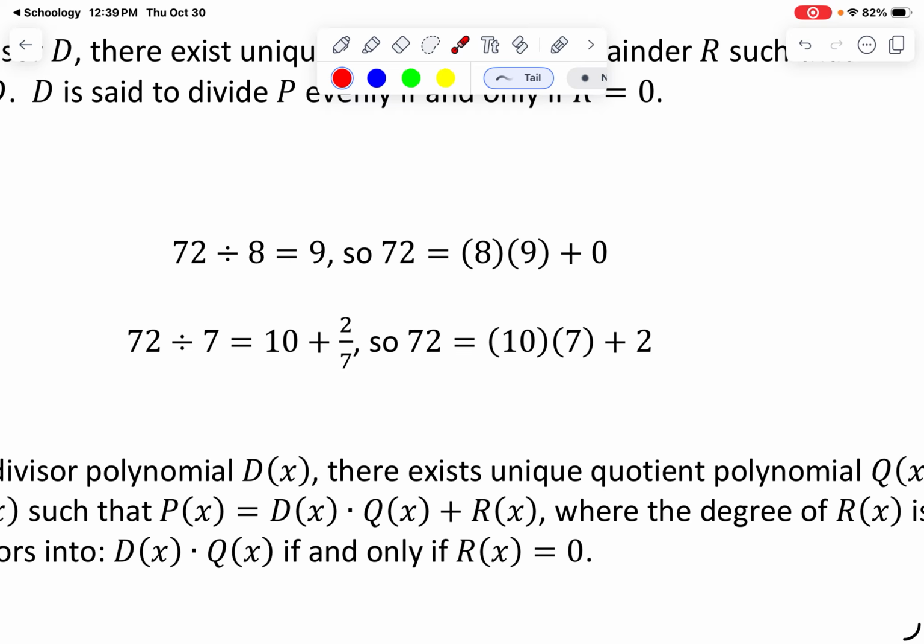So how we would write that is that it goes in there 10 times, plus we have a remainder of 2/7, so plus 2/7. That's right here, okay? And the reason why that's true is because you have to do 10 times 7 to get your 70, but there's still a remainder of 2. Notice this number should always be less than what you're dividing by, okay?